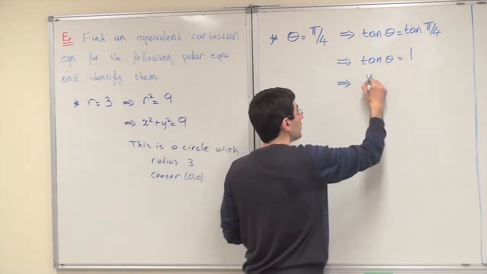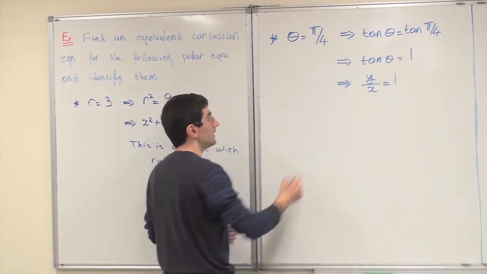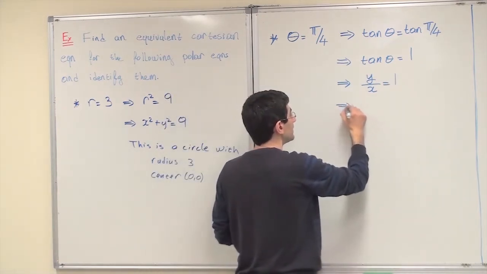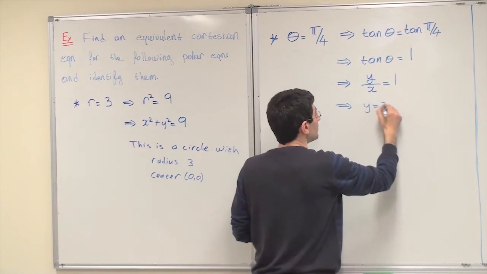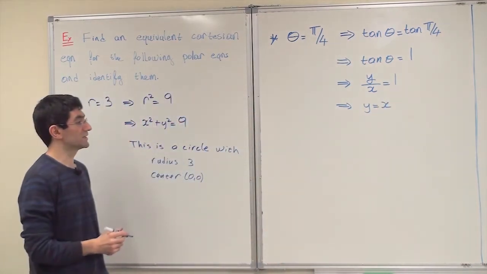It is y over x, so that is equal to 1, and by rewriting it, we find the Cartesian equation y equals x.